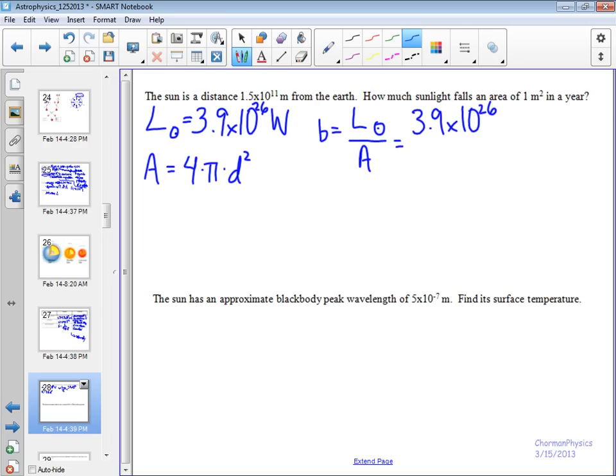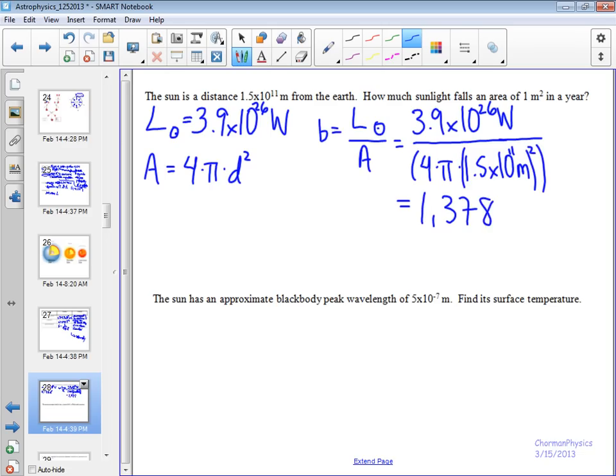It's just this luminosity over the area, and when we do this, we end up with 1,378 watts per meter squared, ignoring sig figs as I usually do.